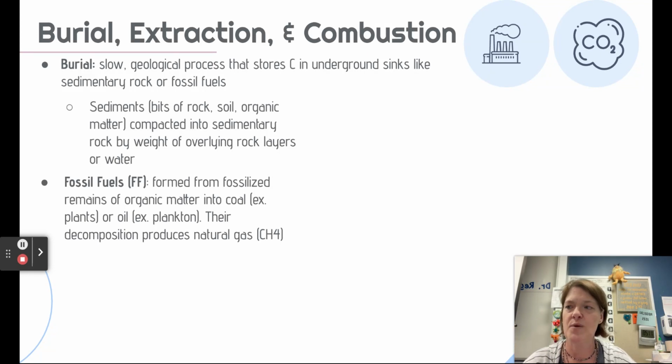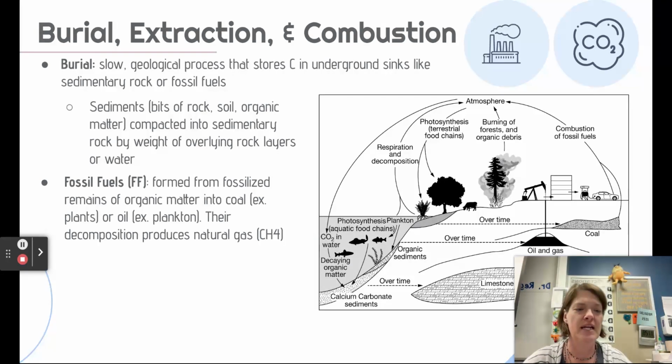Over millions of years, we end up getting coal from those plants or oil from that plankton. Their decomposition produces something called natural gas, which is CH4. And that's how we end up getting natural gas that we can burn in our furnaces at our houses. All right, and here's this whole process. You can see this nice picture of this process here.